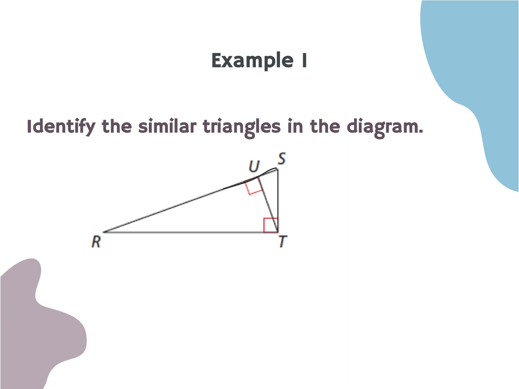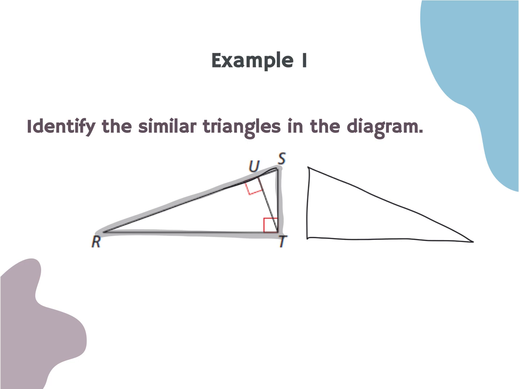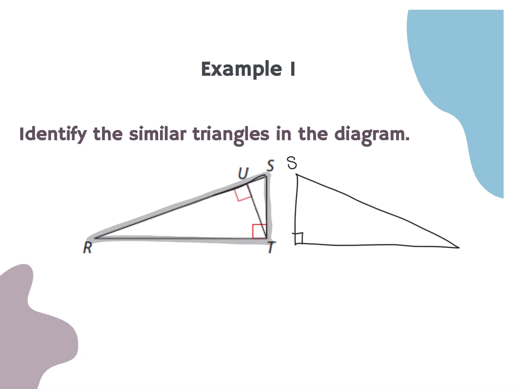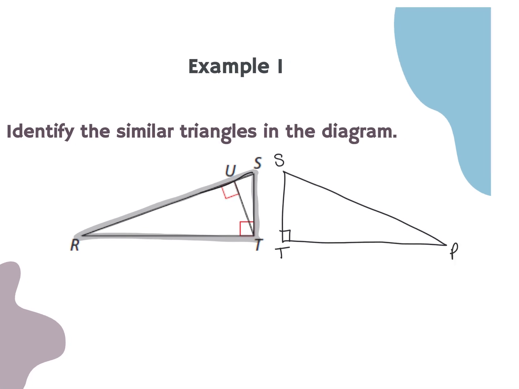So here's my original triangle. I'm going to use the highlighter again. This is my original triangle, and I'm going to draw that one out. Again, these are all right triangles. STR, that's my original triangle. Now I have my medium triangle in blue, and I'm going to draw that one out as well.